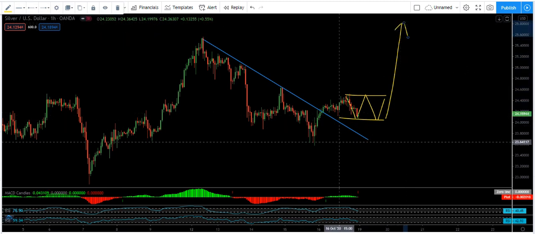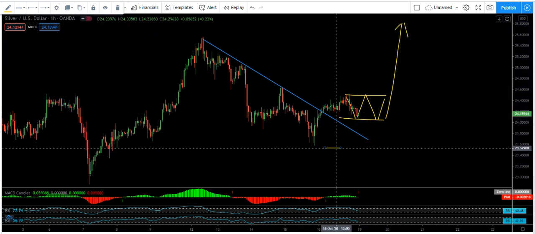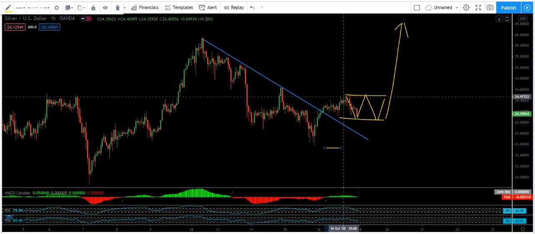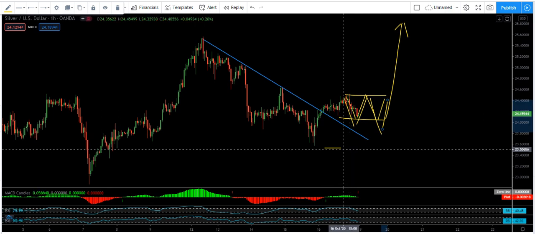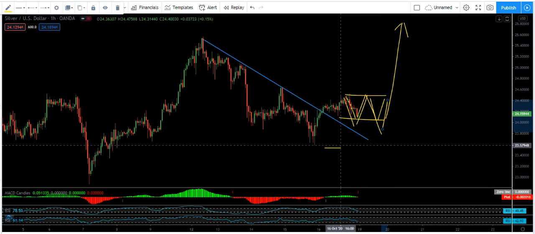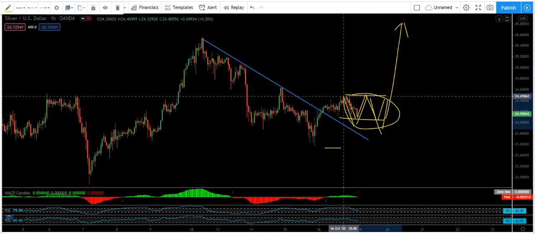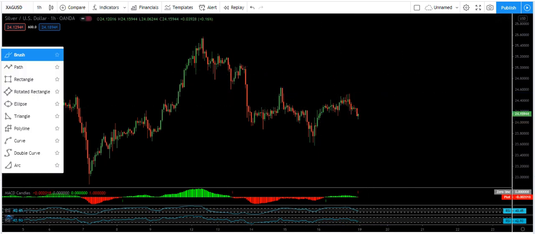And the reason we give the entry below this is in case we get the correction and the price doesn't move to this low, at least we are not in the trade, we can be safe. This is the second option for the up move. And the third option, we cannot talk about it, we need to wait.